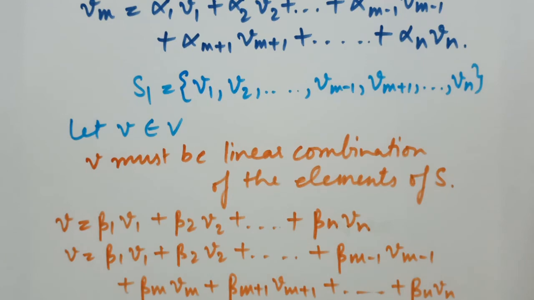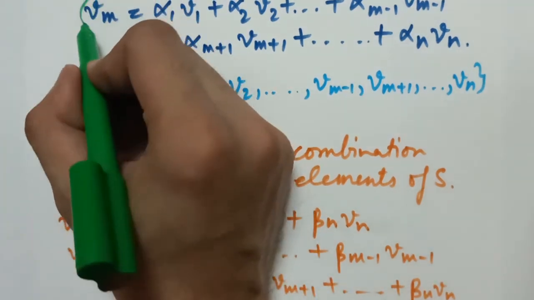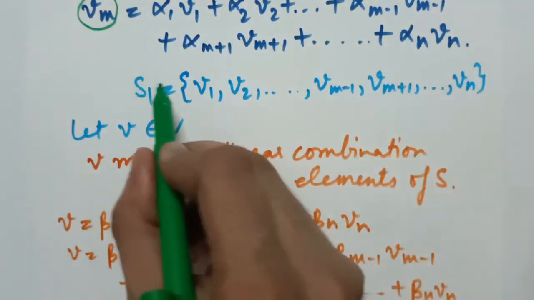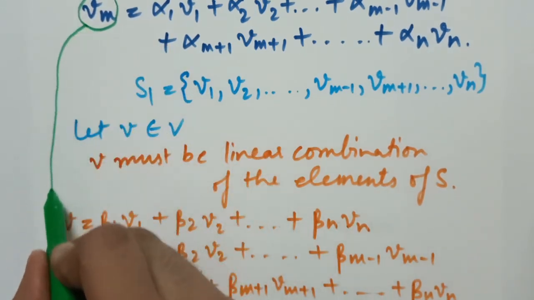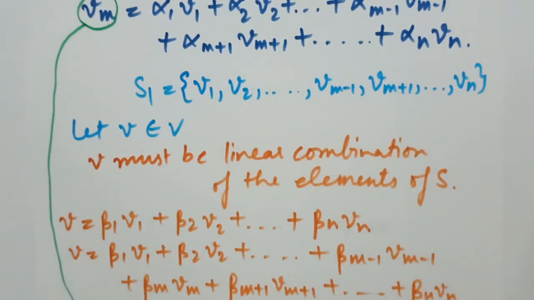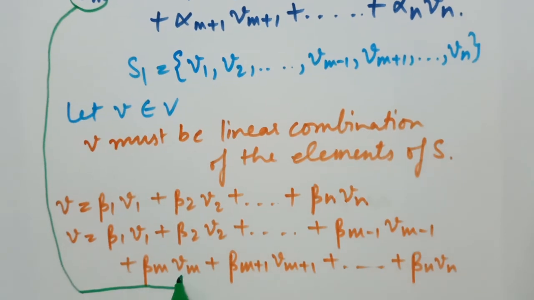So here is the value of Vm. Why not we just put it in here?